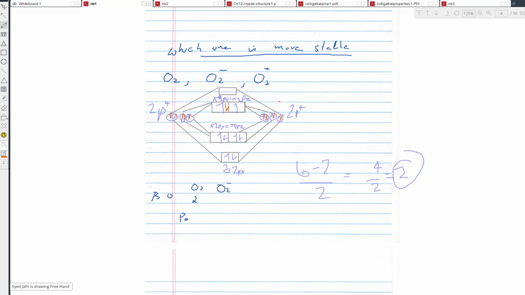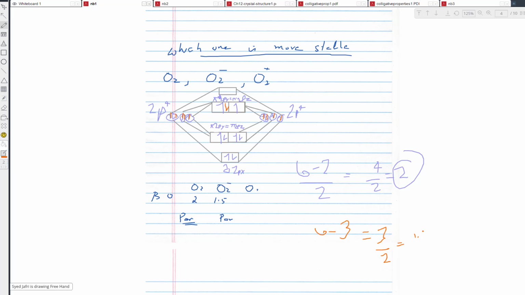I'm just writing PAR, paramagnetic. So O2 negative is still paramagnetic. What is the bond order now? 6 minus 3 is 3 over 2. Does that make sense? Yes, so 1.5, or 3 over 2.